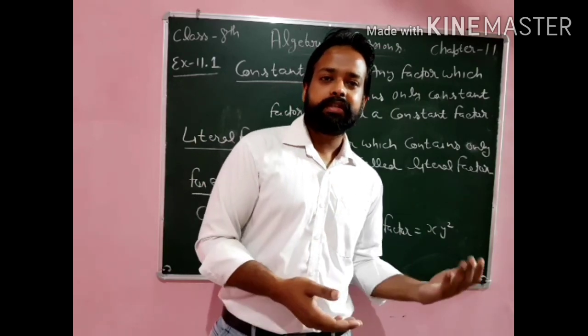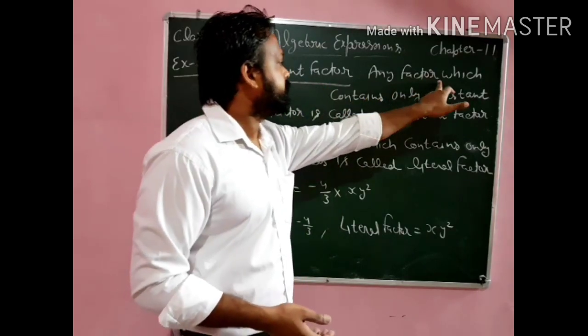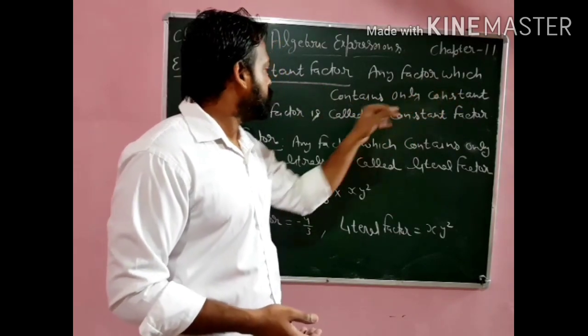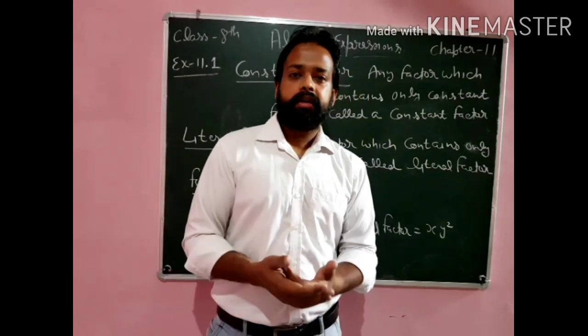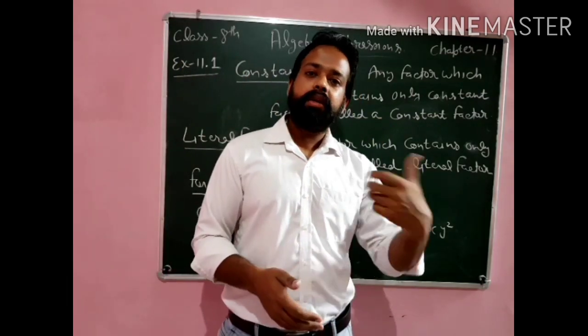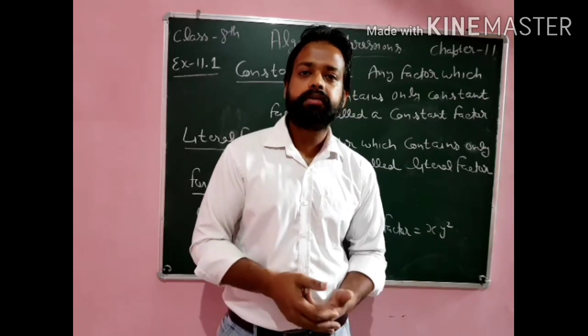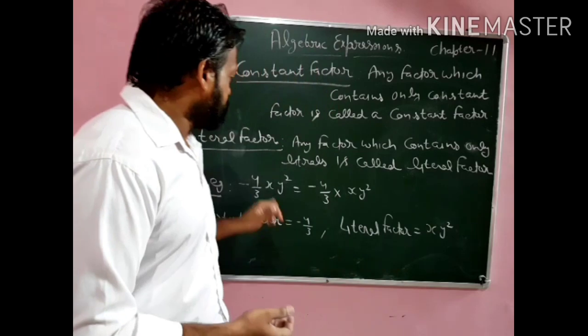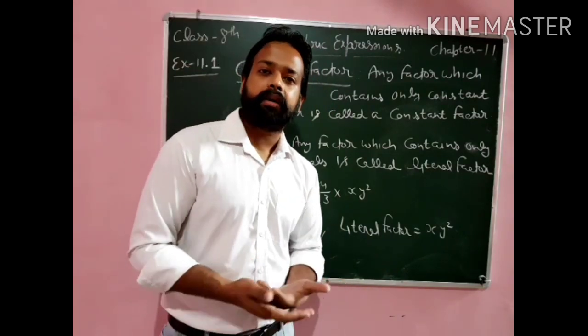Okay, first of all we will see the definition of the constant factor. Any factor which contains only a constant is called a constant factor. Means those factors in which only a numerical value is there are called constant factors. And also literal factors, we can also say variable factors.